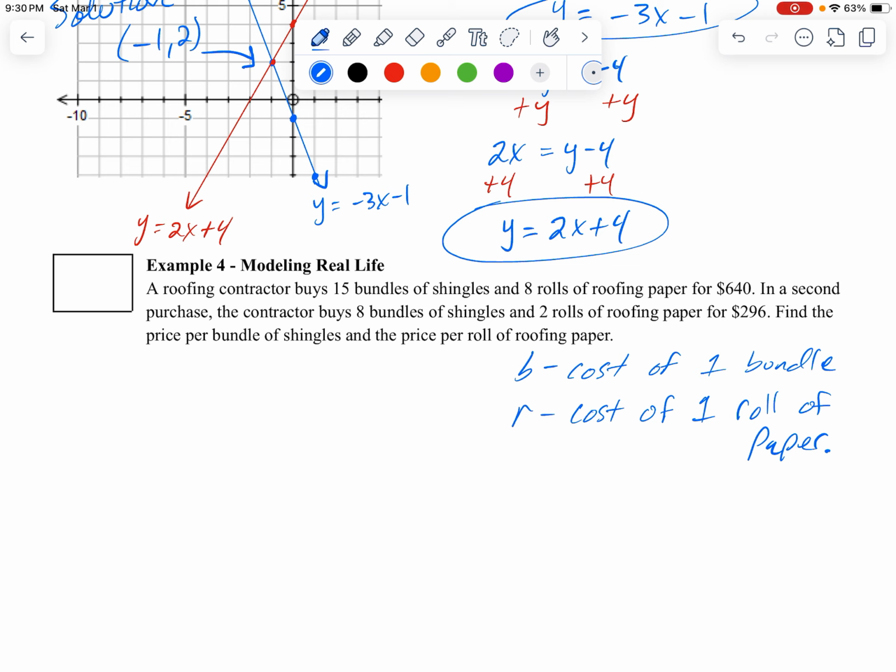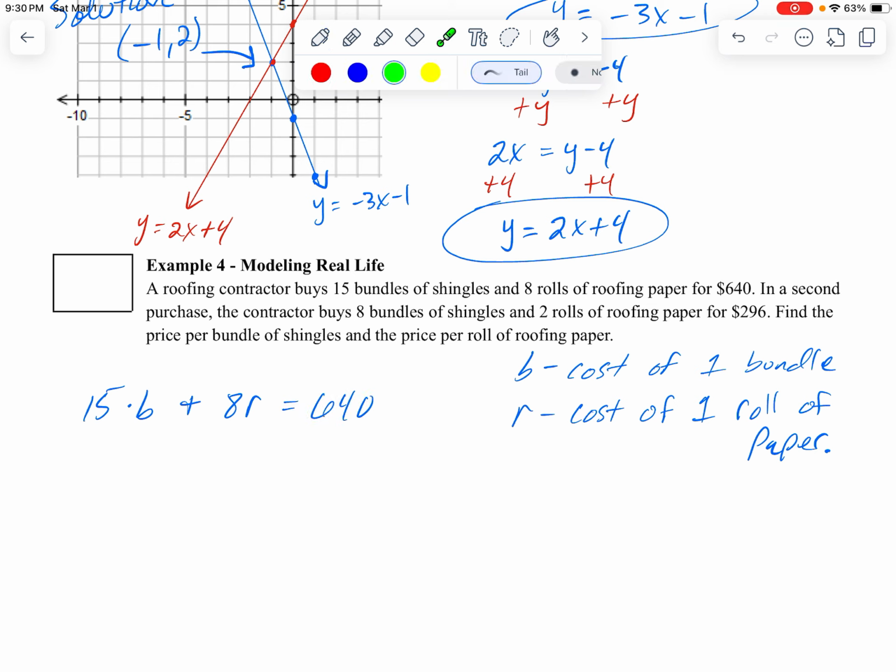So we can start writing our two equations now, because if I'm buying 15 bundles, if I take 15 times B, which is the cost of a bundle, so if I'm buying 15 of them, 15B would represent that total cost, plus 8R, because that's the cost of a roll, equals $640.